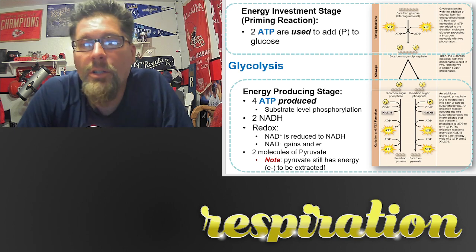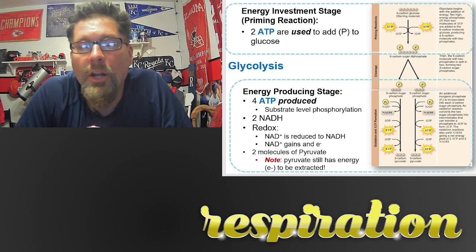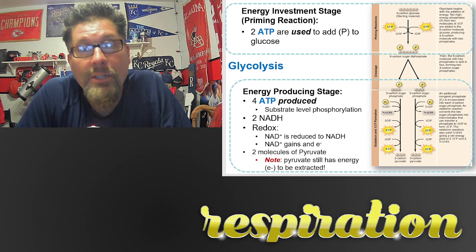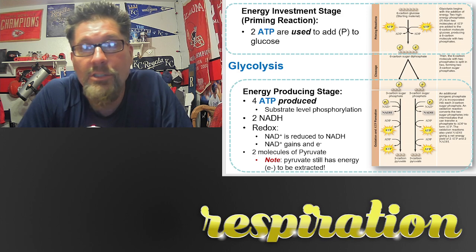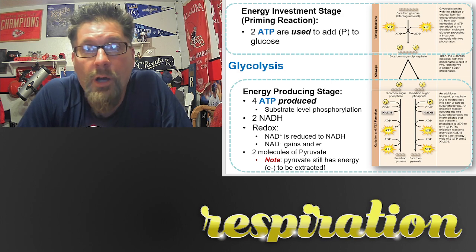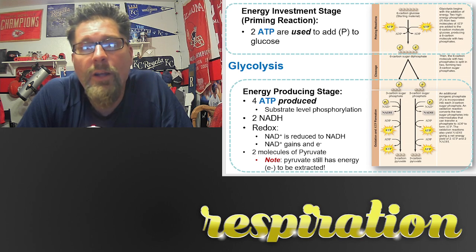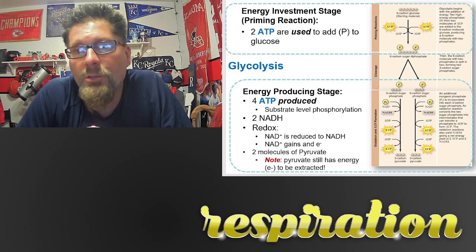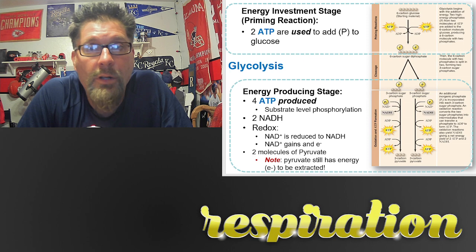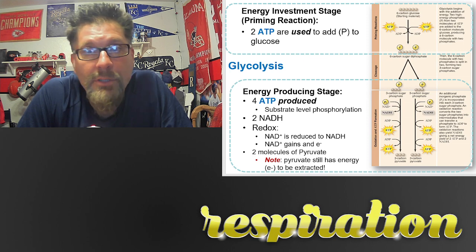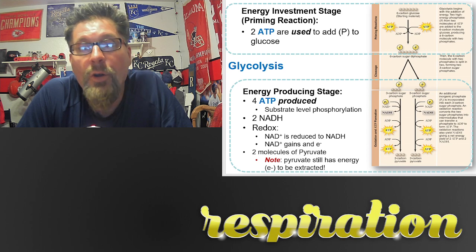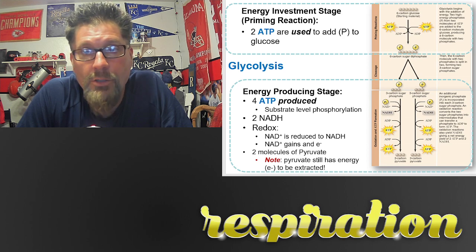Alright, so here is an initial breakdown of glycolysis from an information standpoint. The next slide has a breakdown of the 10 steps, which we'll do here and certainly in class. But you want to think of glycolysis as 2 parts. It's not broken into half, but there are 2 parts: your investment stage and your energy producing stage.